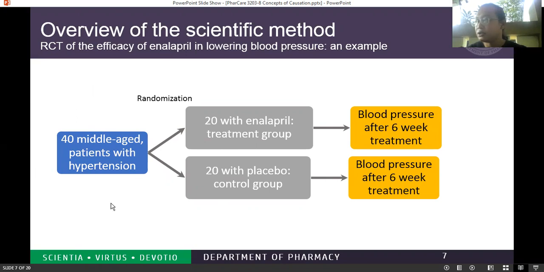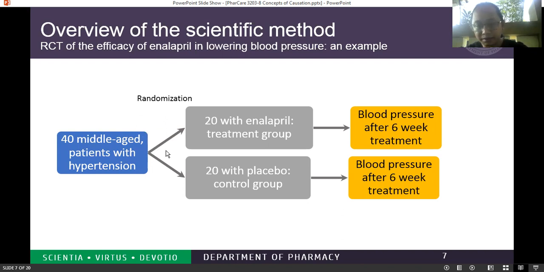And then we check the eligibility criteria. Let's say we check the middle age patients with hypertension. After that, we do a randomization.